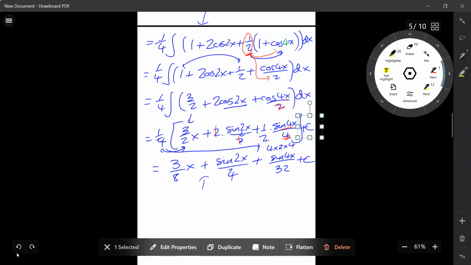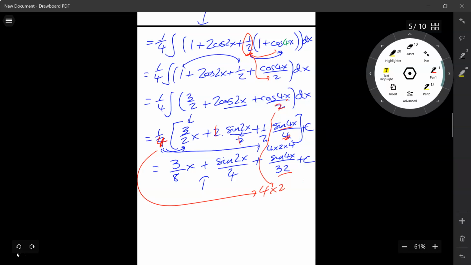So the 2 stays there. But remember, we have a 4 out here as well. So the 32 is the 4 out here, multiplied by the 2 that was already here, multiplied by the 4 when you integrate the sine 4x. And that's how you're getting your 32.